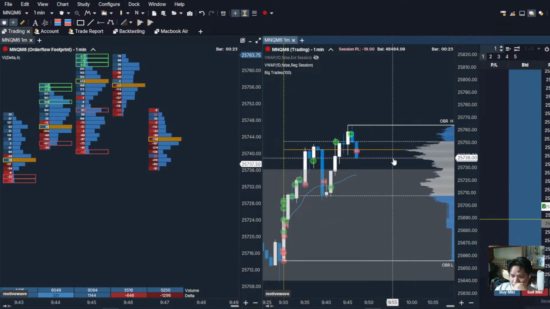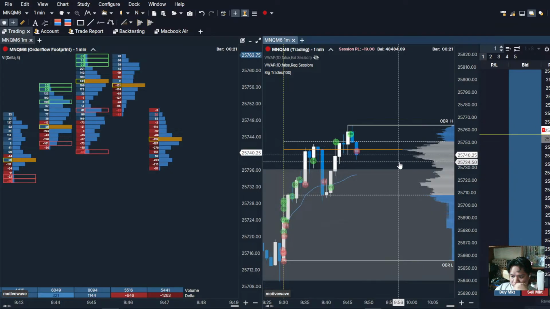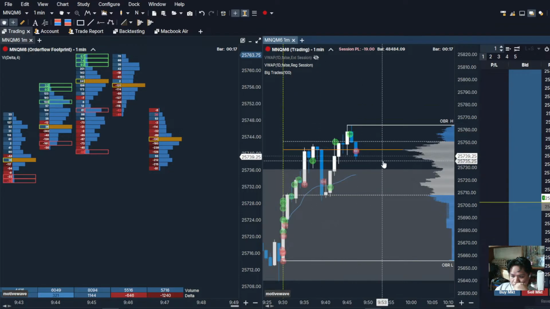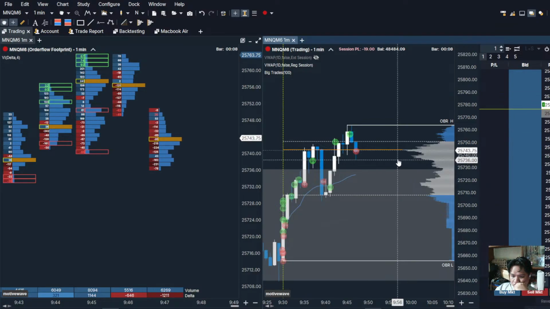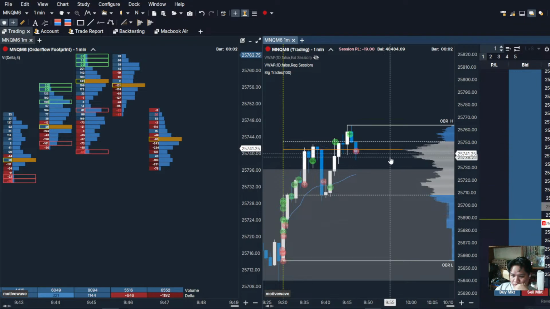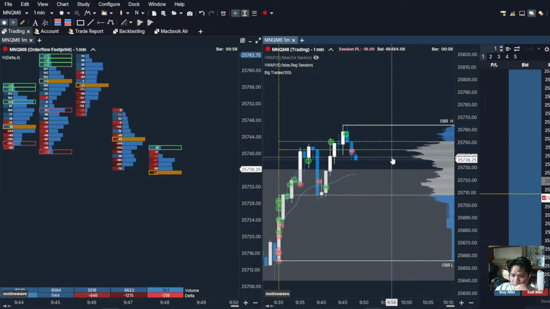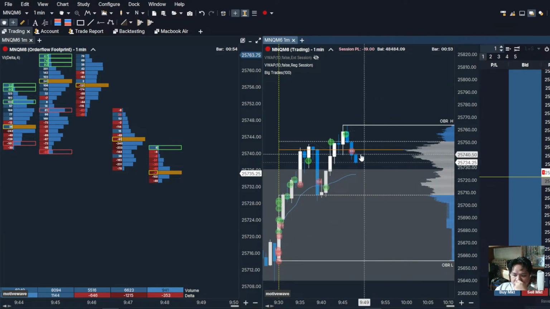I would like for it to close below here. Looking for a short once we go below this level here. If that's possible, this could be it.